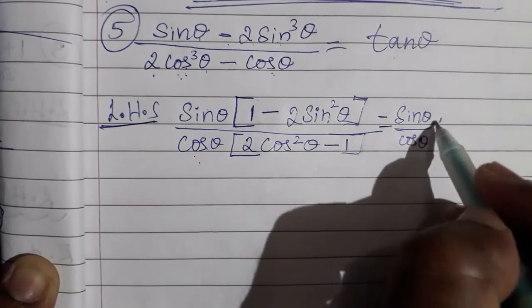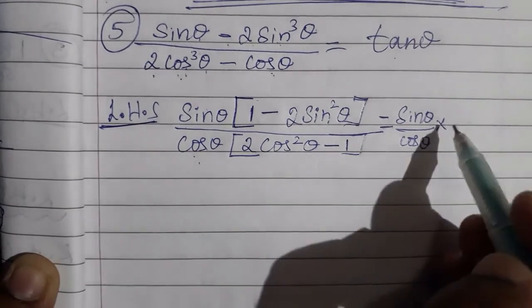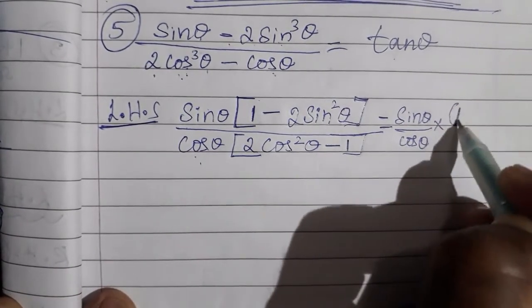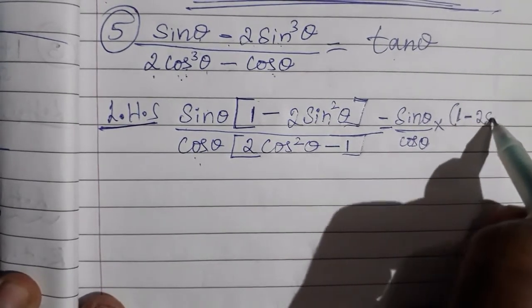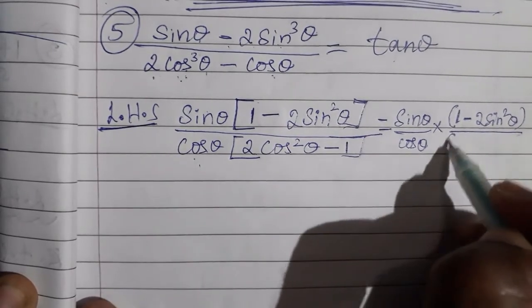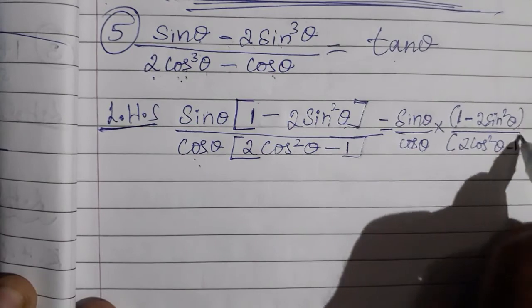into, definitely, what I can write here, open the bracket, 1 minus 2 sin square theta by, what I have here, 2 cos square theta minus 1.